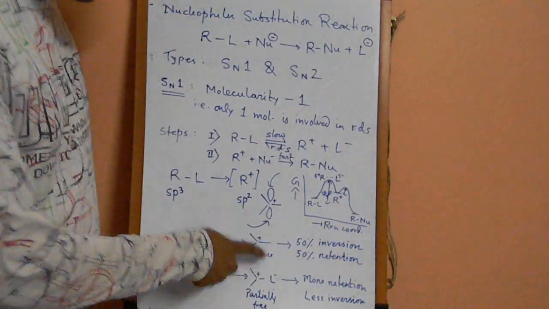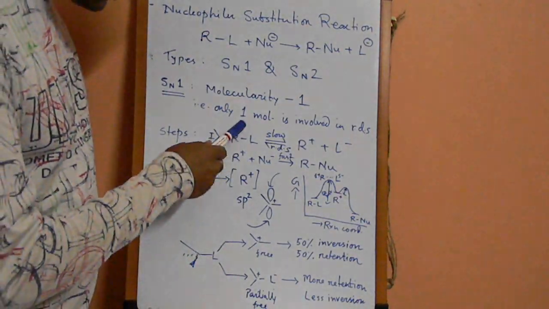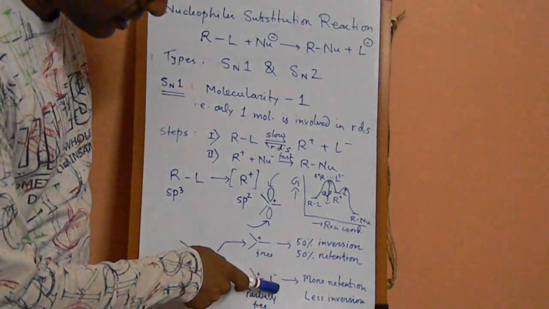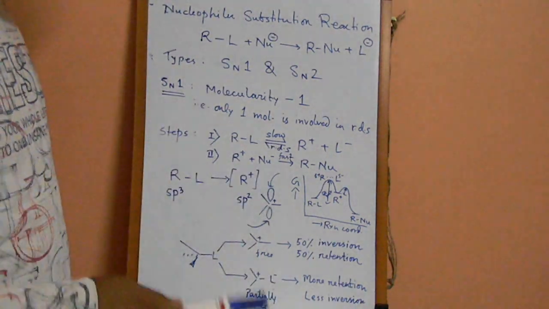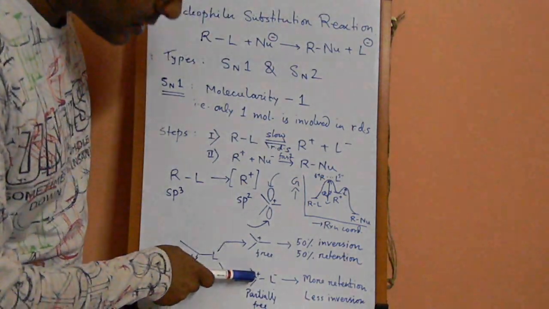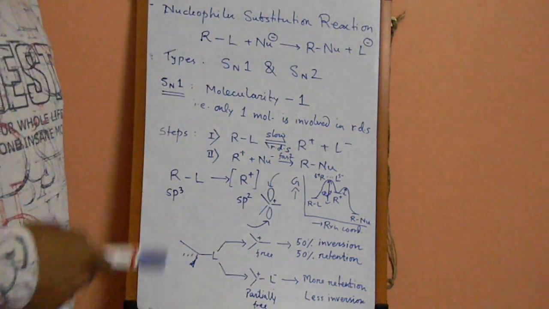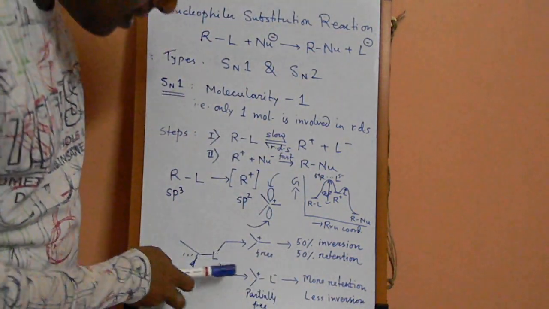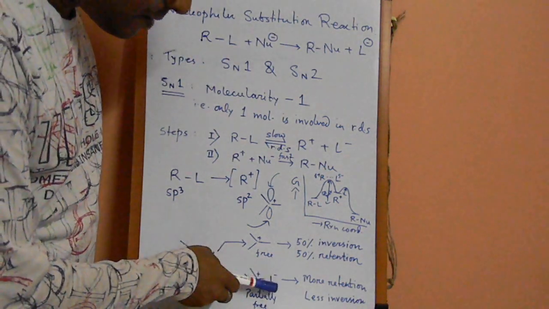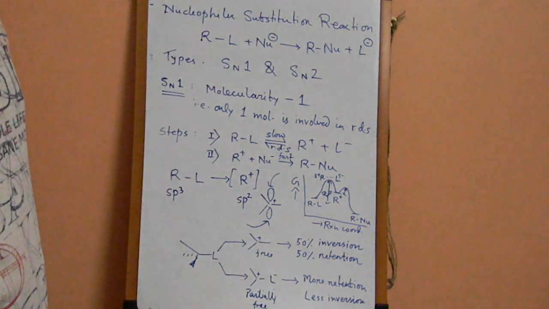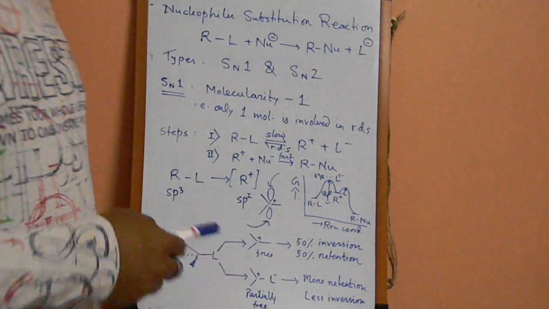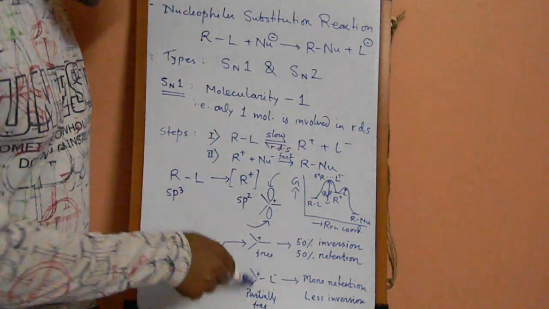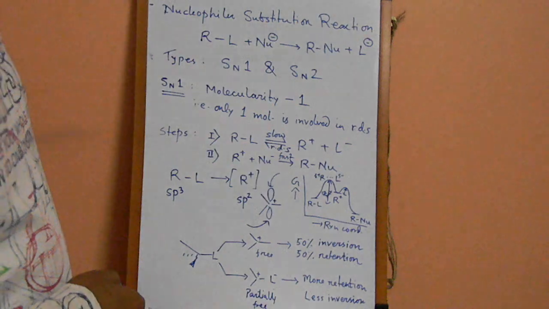So the nucleophile which comes later in the second step cannot approach the carbocation from this side. Rather, the nucleophile preferably attacks from the opposite side of L, which in turn leads to a higher percentage of the inverted product compared to the retention product, and that's why you will get more inverted configuration of the product rather than the retention product.